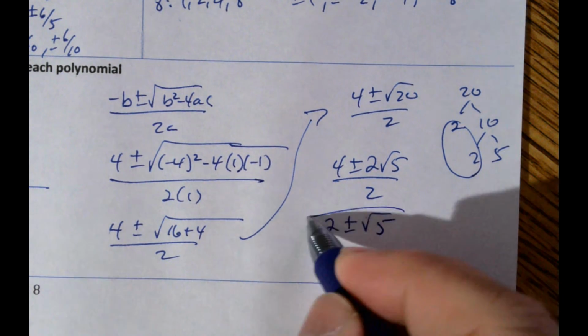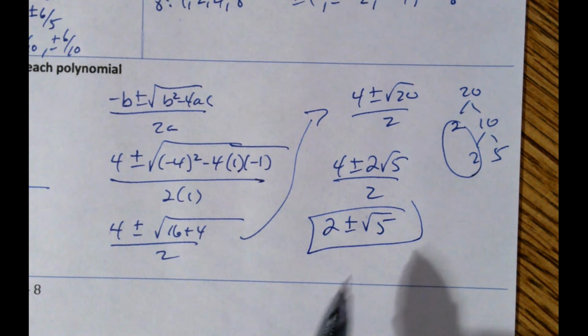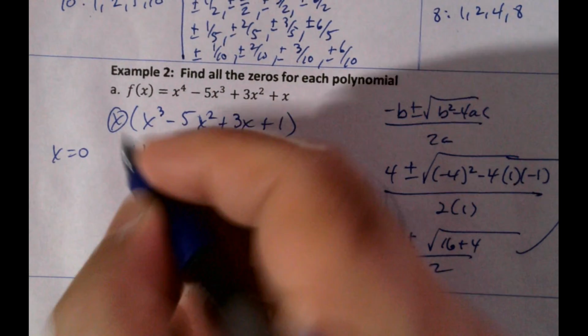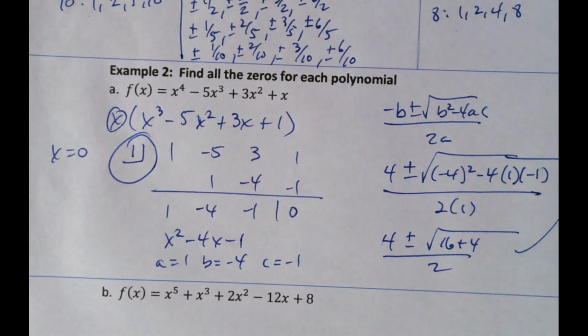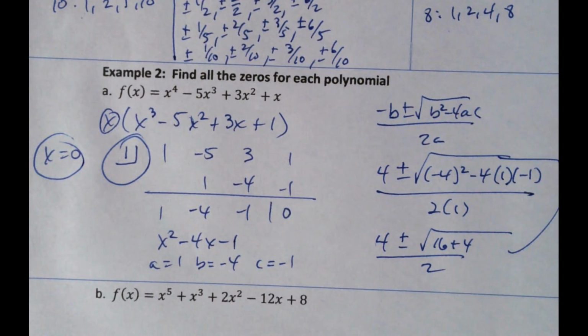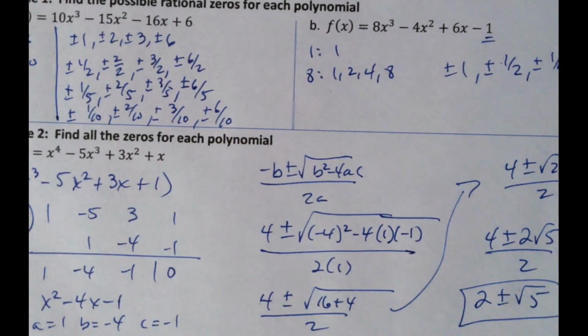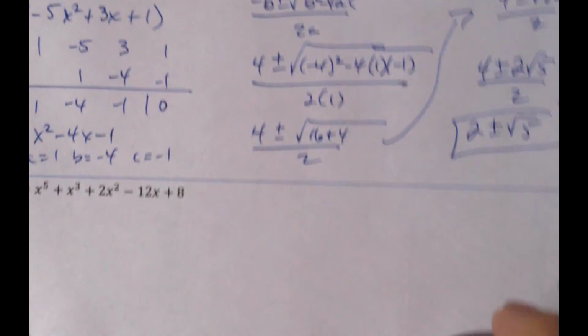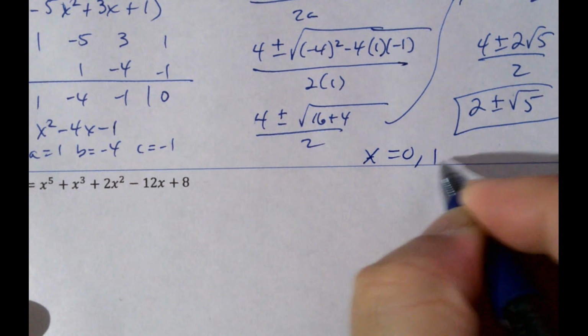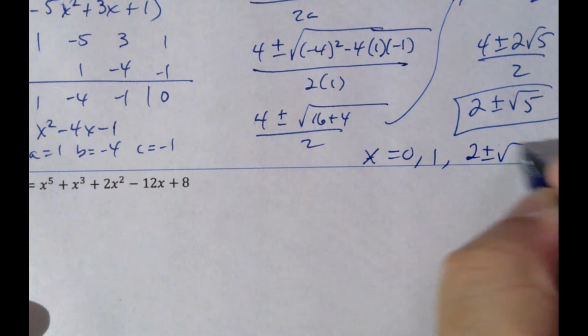All right, so let's see what our answers are. We have 2 answers here, 2 plus or minus square root of 5. And we have the 1, right, we found using a calculator. And 0, we found using factoring, right? So let's formalize our answer here. We have x equals 0, 1, and 2 plus or minus square root of 5.